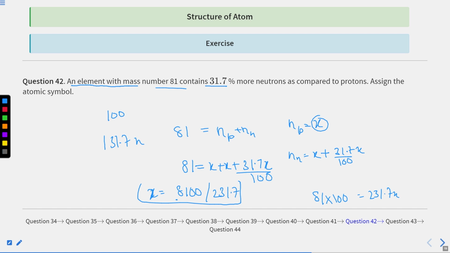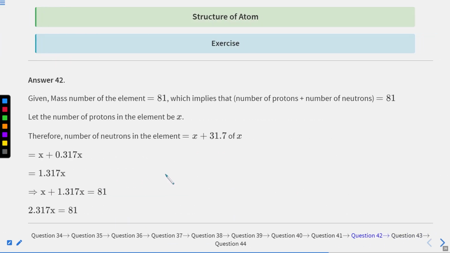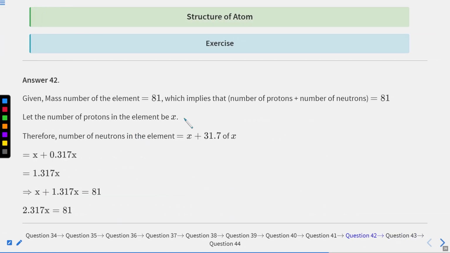So this would give you the final answer. Here the same thing is written, that we have considered the number of protons as x and the number of neutrons as x plus 31.7x. Now x plus 31.7x is equal to 81. Clear? So that would give us the value of x if we just calculate it from here.